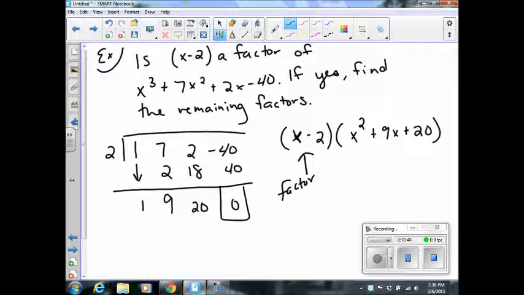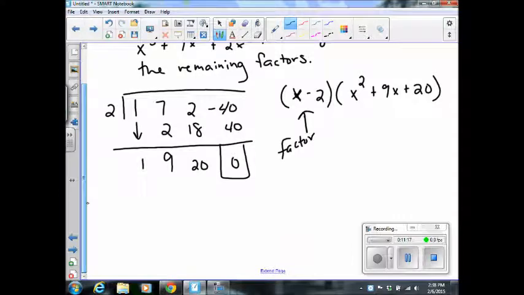This is where, when we were factoring polynomials, that comes into play. So you're going to factor this. You can do it a couple different ways. You can graph it, you can use the quadratic program, you can factor it using special cases, or you can factor it using AC. The option is up to you. I'm going to factor it using AC, just because I know we're going to need a refresher, and not always will it come out to be a nice number.